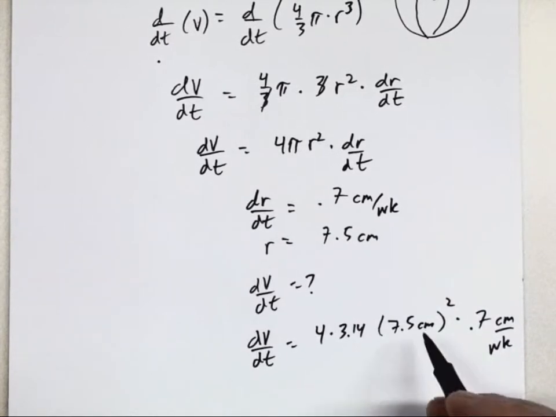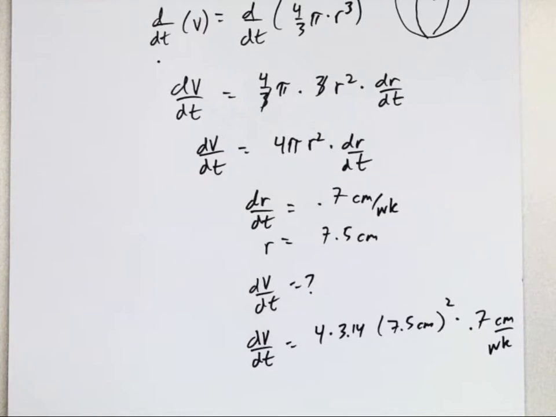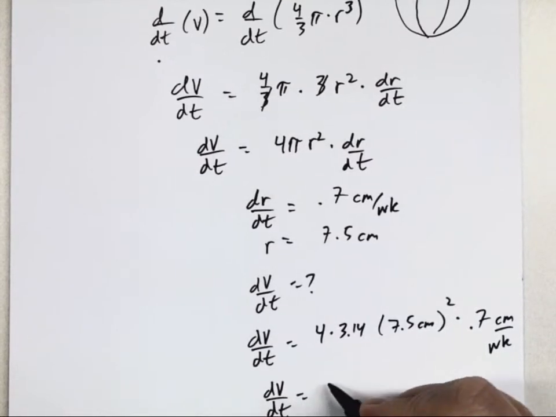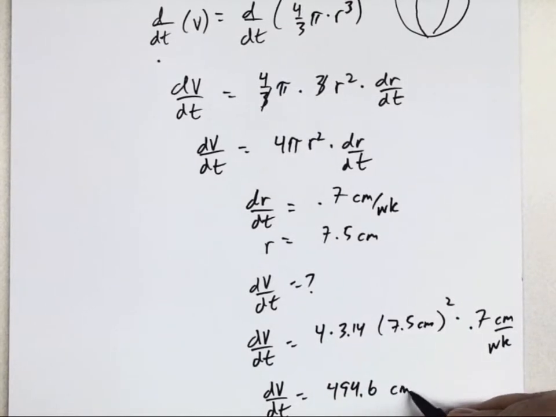Now grab your calculator. 7.5 squared times 3.14 times 4 times 0.7, and it looks like dV/dt is 494.6 cubic centimeters per week.